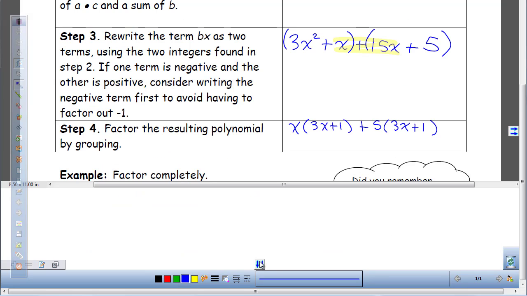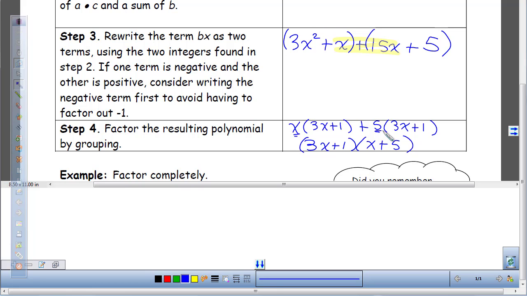Now, the 3x plus 1s, we can factor them out. And then we get x plus 5, because we got the x left here and the 5 here. We factored off the 3x plus 1.